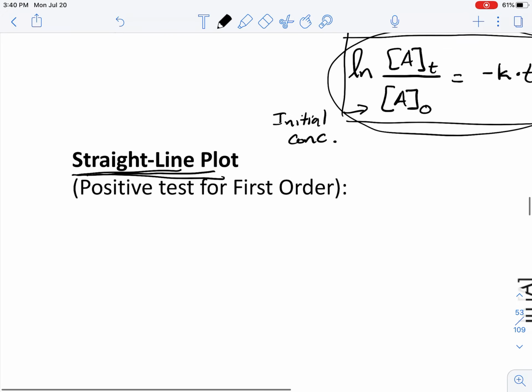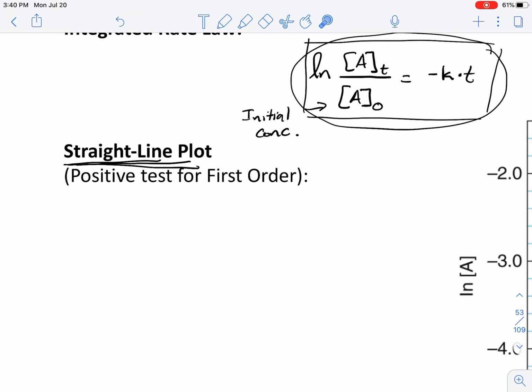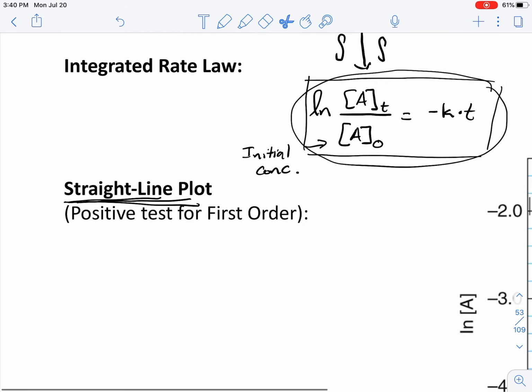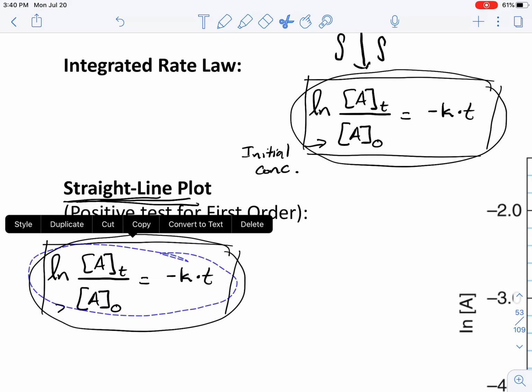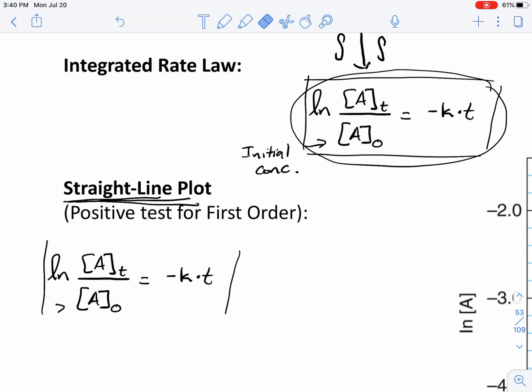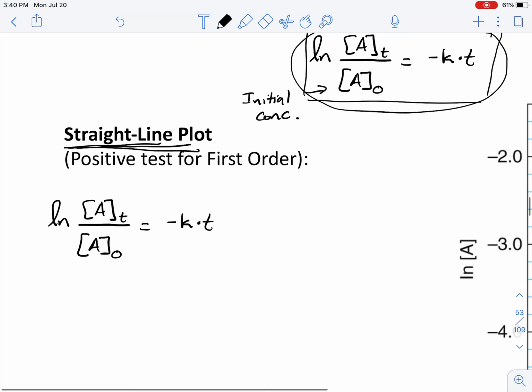Okay? So what I'm going to do is take this equation. Let me see if I can just duplicate it. Okay. And I'm going to expand this. When I expand this, basically I'm distributing that natural log.